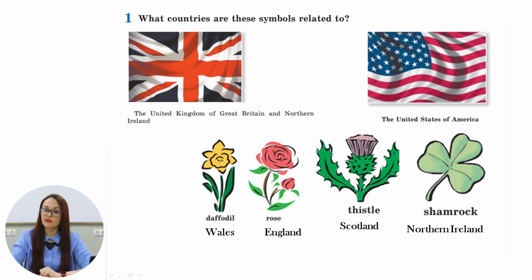We have here some flowers: daffodil, rose, thistle, and shamrock. Do you remember which flower is the symbol of each part of the United Kingdom? Okay, so let's go back and remember a little.